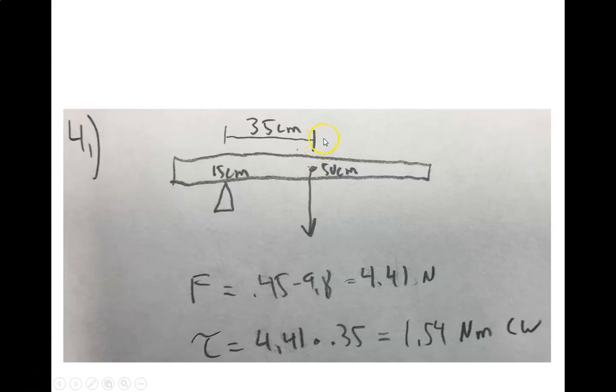Now centimeters isn't a proper physics unit when we're working problems typically, so we're going to convert that into meters by moving the decimal place twice and getting 0.35. So when we multiply that times the force, we get that our torque is equal to 1.54 Newton meters, and that is again clockwise.